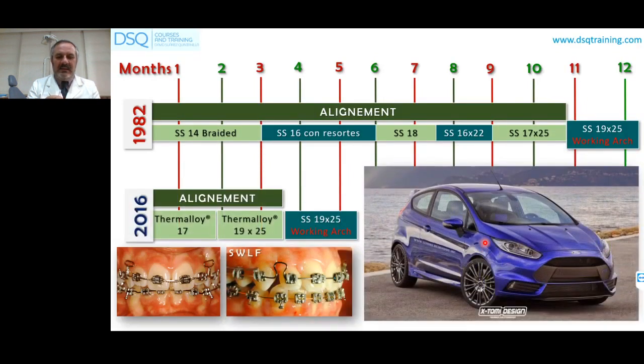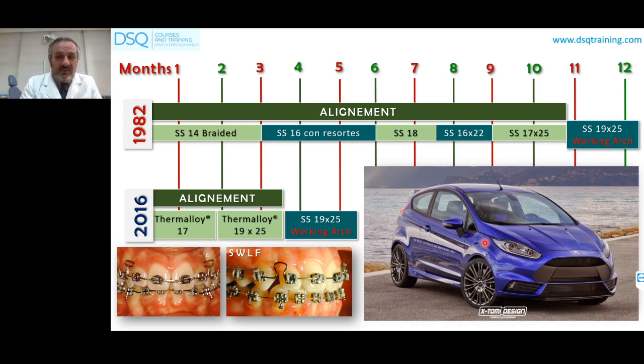In 1982, to get to the alignment and to get to 90 by 25 steel in the working arch, maybe we needed 1 year.